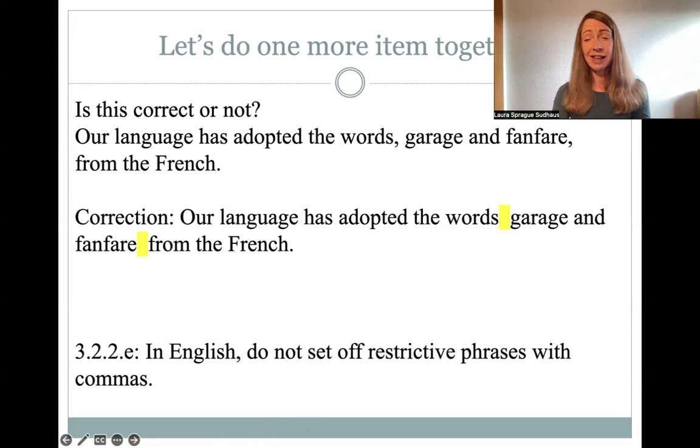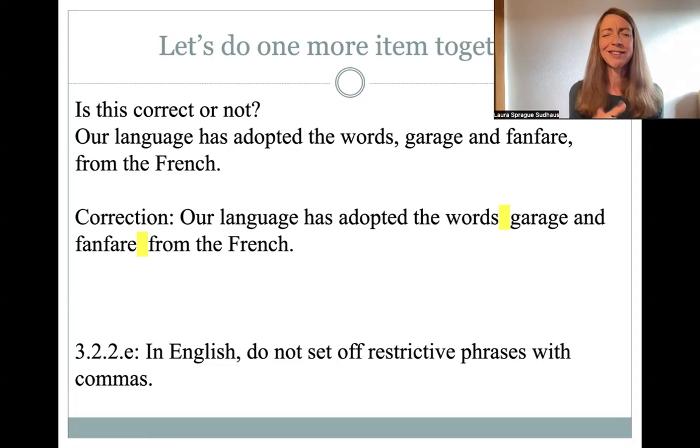You do not set off restrictive phrases with commas. So you know that, yeah, it's not all words. Our language has adopted the words from the French. Huh? What words? So there it is restrictive, and you do not want to set it out.